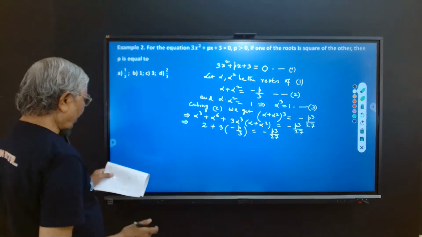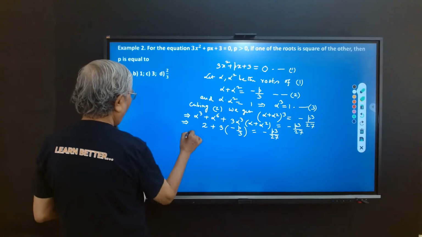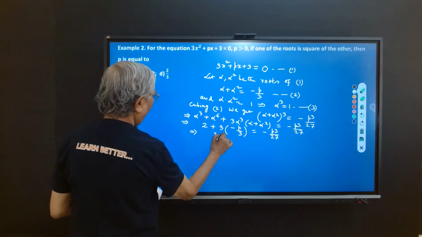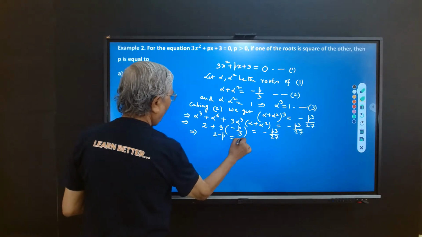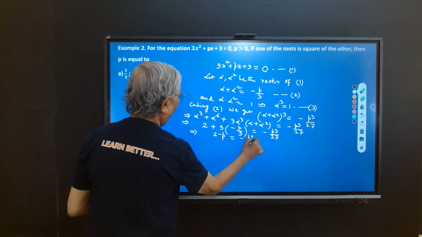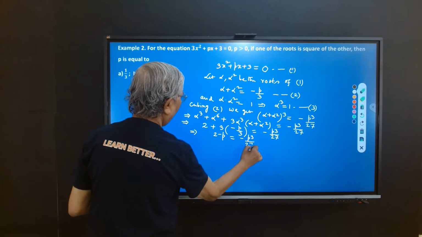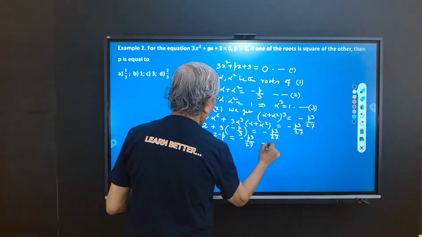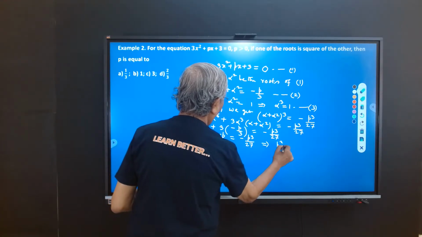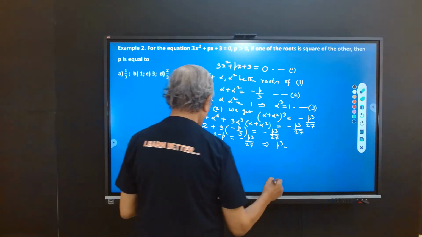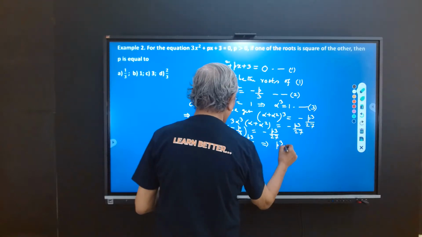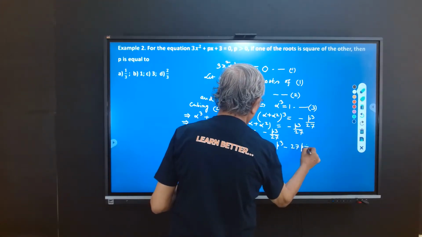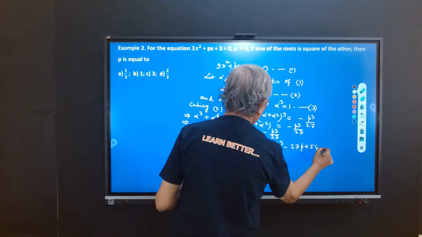So after simplification, what do you get? This implies 2 minus p equals to minus p cube by 27. So the equation will come as p cube minus 27p plus 54 equals to 0.